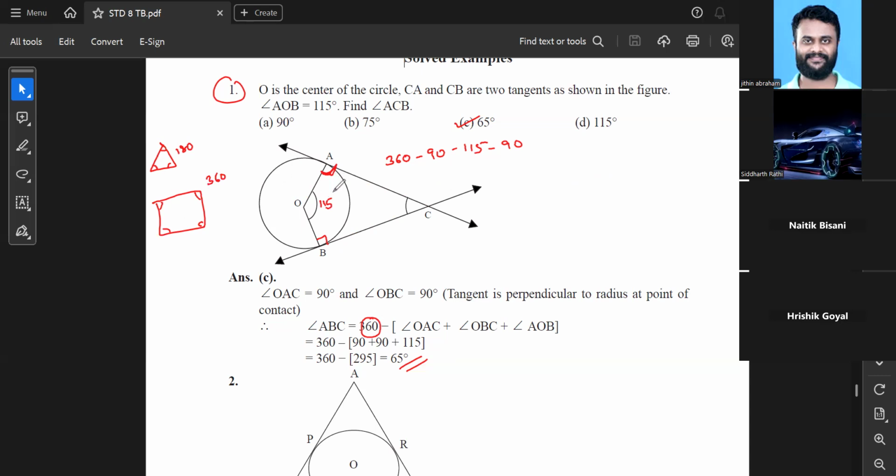So in this case there are four angles, so the sum of all four angles will be equal to 360. So this particular angle's measure will be 360 minus all three angles. 360 minus the first angle is 90, second angle is 115, and the third angle is 90. I believe it is clear. Okay, sir. Understood.